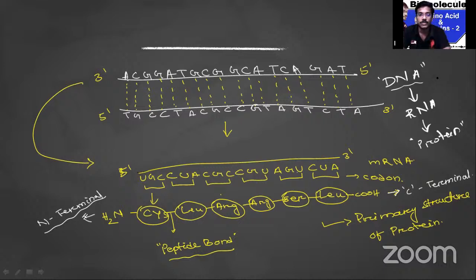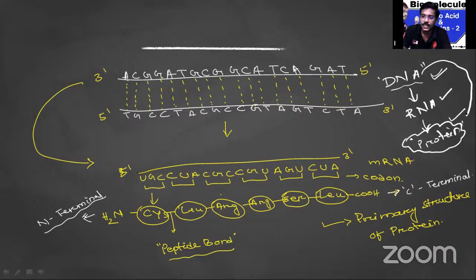The DNA gives rise to the RNA, and the RNA ultimately gives rise to the protein. So the information for this protein is transferred from the DNA, but the DNA is not directly synthesizing the protein.